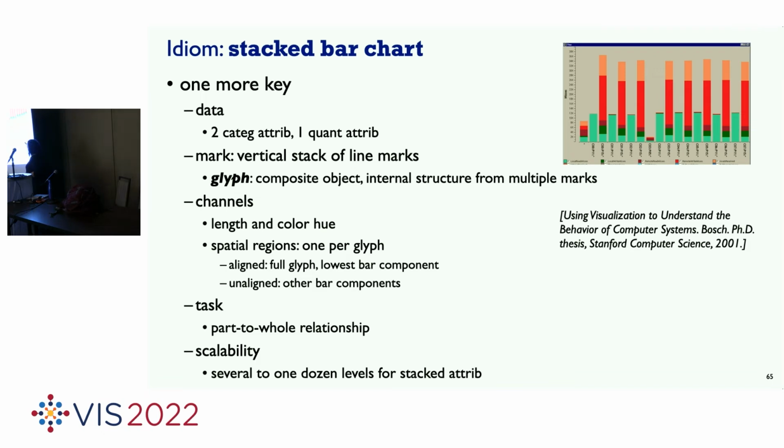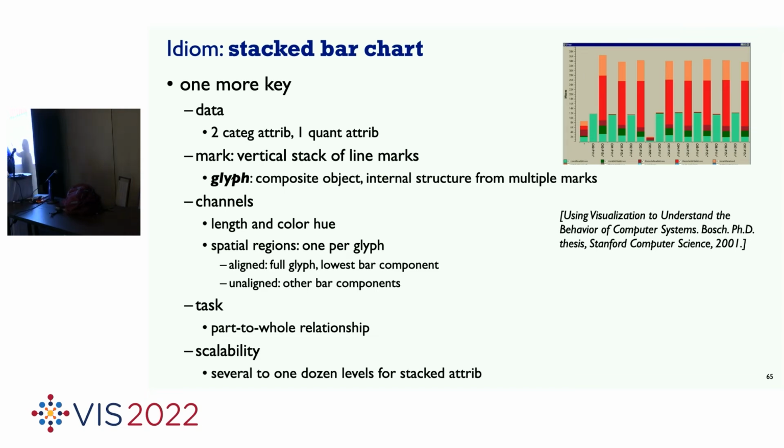Now, what I want to get to is scale. In some ways, these are just like bar charts, but there's an interesting asymmetry. I said before that we could have hundreds of different spatial positions of heights of bars we could notice. But would you want to have hundreds of segments in a stacked bar chart? It would not work at all. Your head would explode. You wouldn't be able to decode the information.